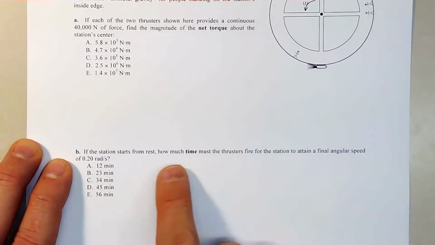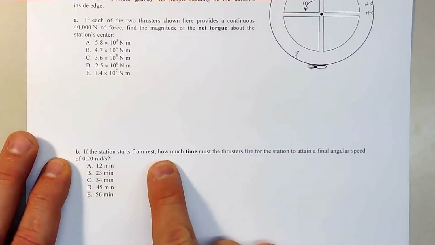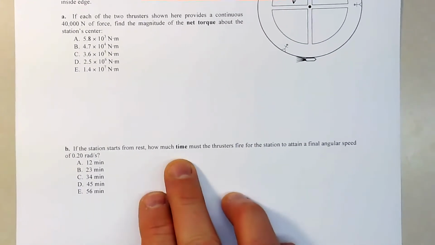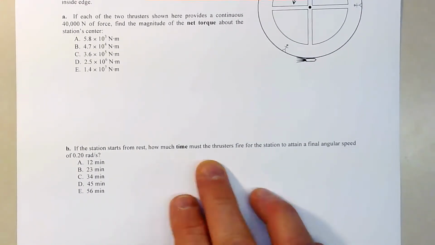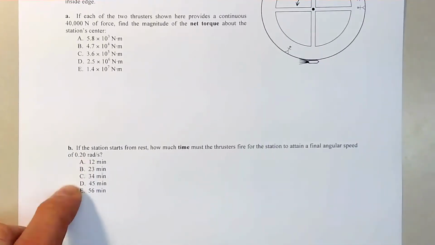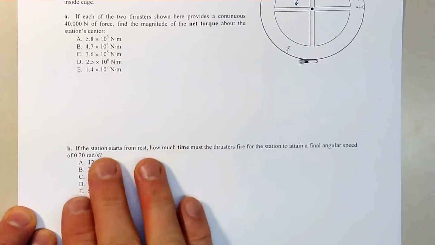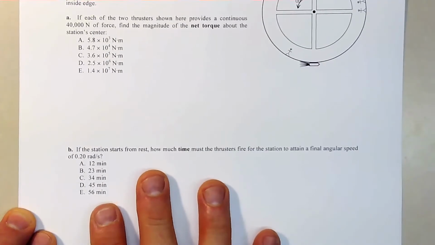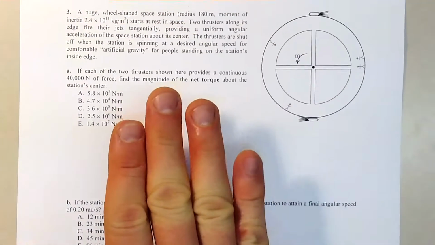If the station starts from rest, it's going to angularly accelerate. So what amount of time must pass for the station's angular speed to get up to 0.2 radians per second? That looks like a dynamics and kinematics problem that we'll be able to solve once we get the angular acceleration from the net torque.